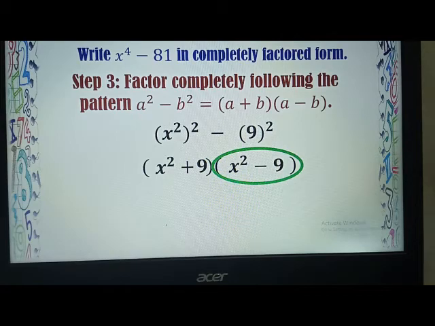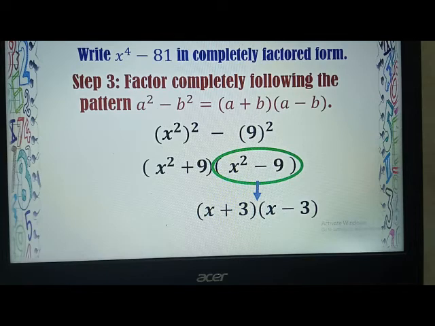But observe x squared minus 9. x squared is a perfect square and 9 is a perfect square, and the operation is the difference of the two squares. Factoring x squared minus 9, we have x plus 3 times x minus 3.